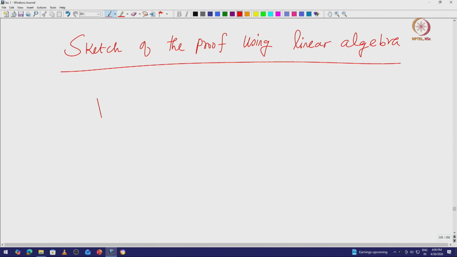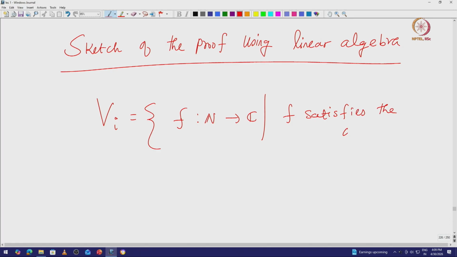Recall that V i was defined to be those functions from N to C such that f satisfies the condition i, and it is not difficult to prove that these V i's are all indeed vector spaces over complex numbers.